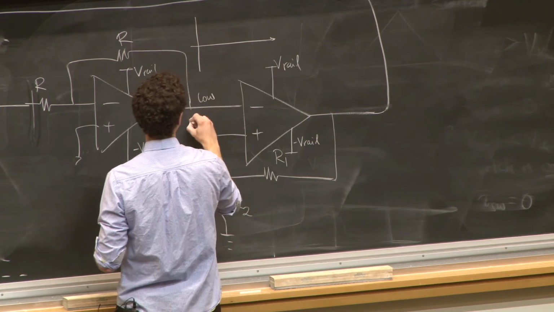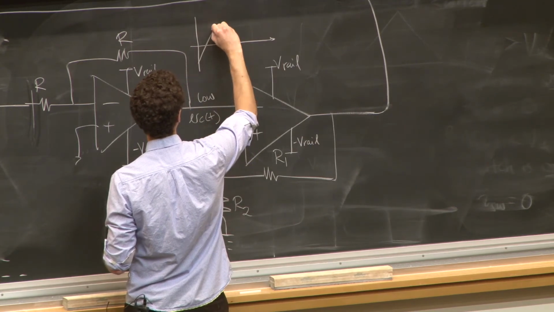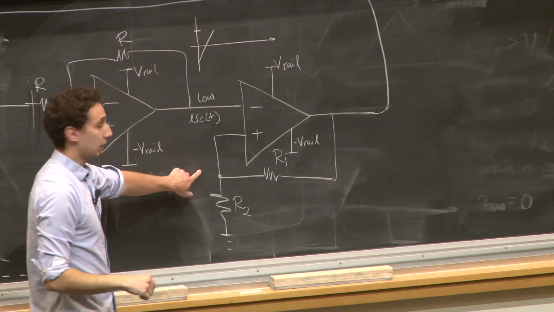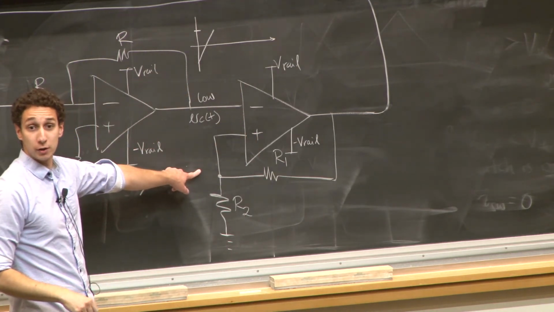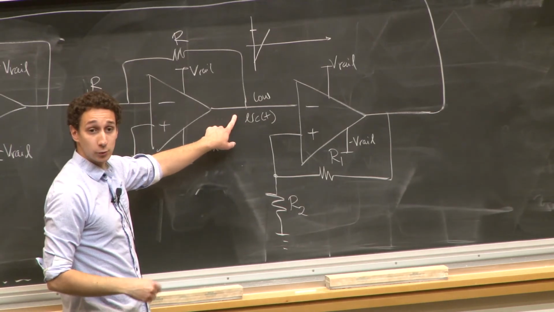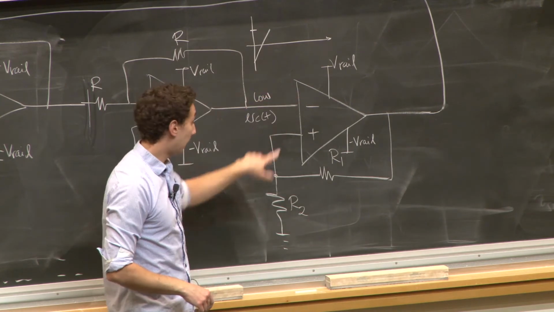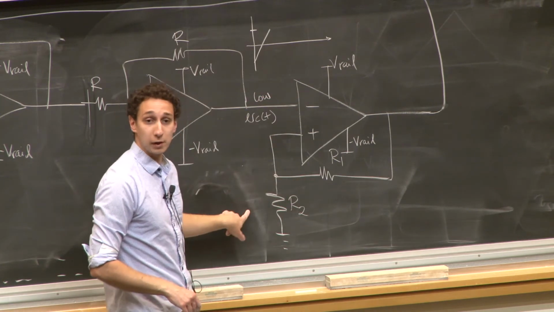So this voltage VC of t is some negative value and it goes up. At what point will this comparator switch? When VC of t reaches V rail times R2 over R1 plus R2.